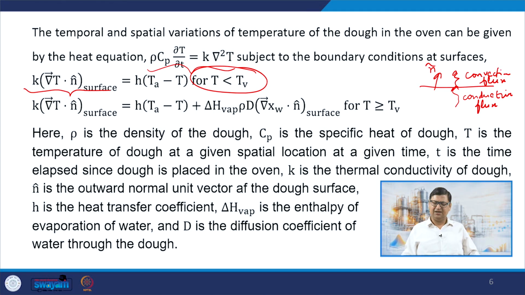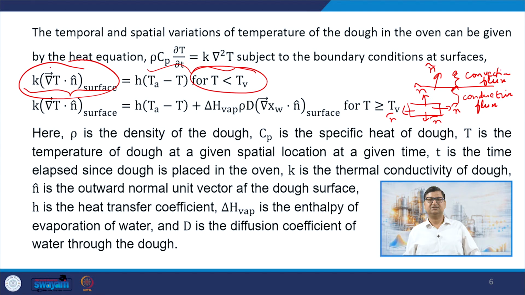But in general, there are multiple normals, one normal from the top surface, another from the sides, and also a normal at the bottom surface, right. So, this condition takes care of all the surfaces of the biscuit, and that is equal to the convective flux when the temperature is less than the vaporization temperature or the boiling point of water.